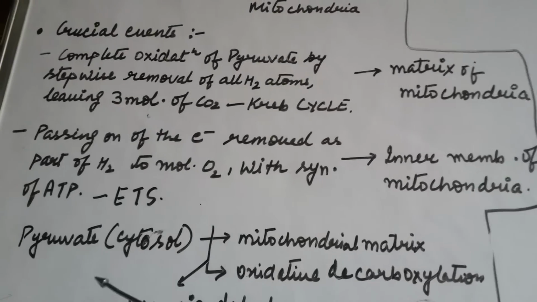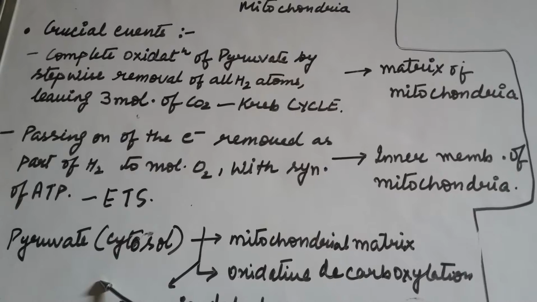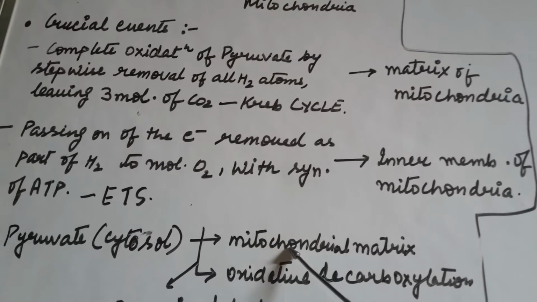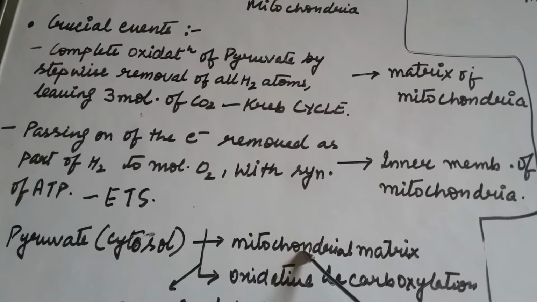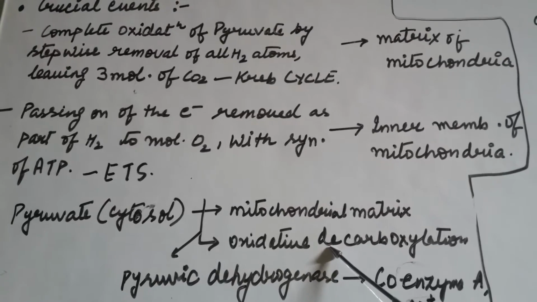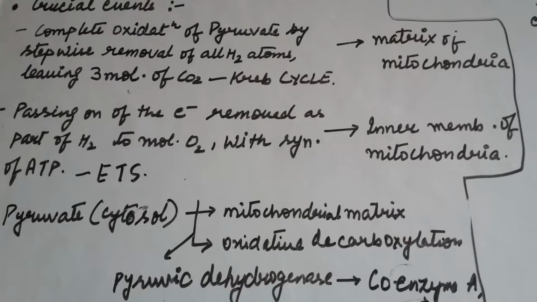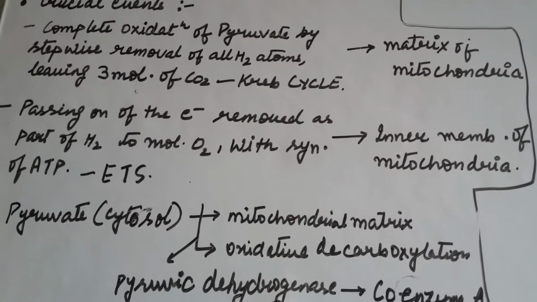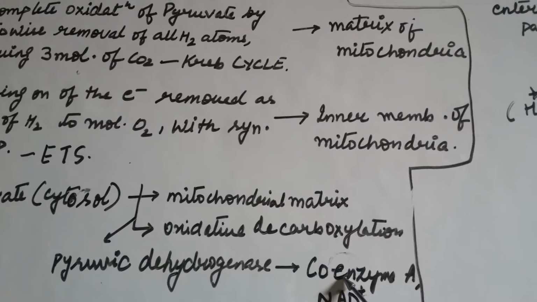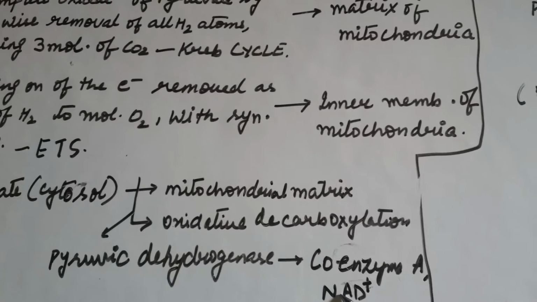Now the pyruvate, which is formed in glycolysis or the glycolytic catabolism of carbohydrate in the cytosol, enters the mitochondrial matrix and undergoes oxidative decarboxylation. This set of reactions is catalyzed by the enzyme pyruvic dehydrogenase, which requires the participation of coenzyme A and NAD+.